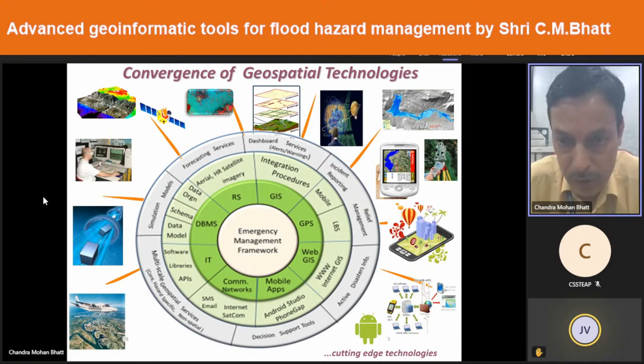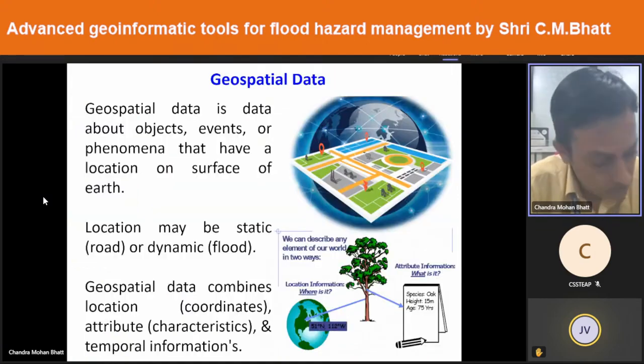It is a convergence of geospatial technologies, because today GPS is also being used, GIS, mobiles, satellite images, and drones are being used to get information. And the emerging computing technologies are also being used, and they all converge and help towards better flood disaster risk reduction.